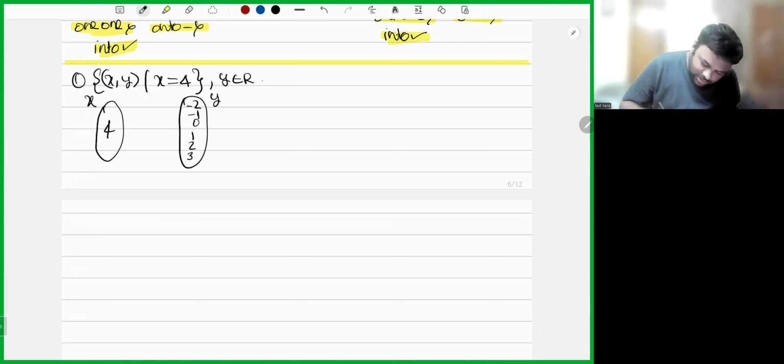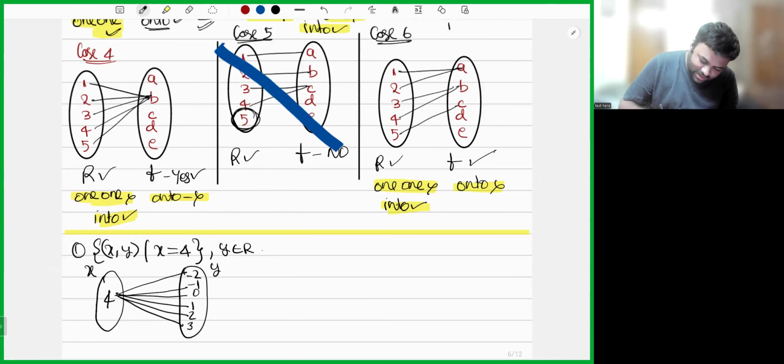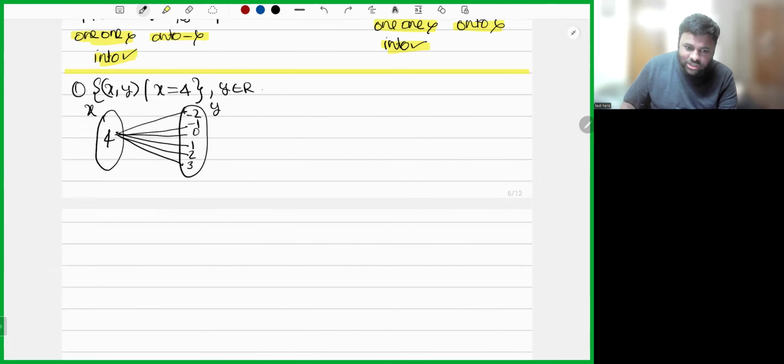He's telling x is equal to 4. Means mapping is happening somewhat like this. X is equal to 4 and y can be any number. Do you think it's a function, my dear friends? See, this is different. Do you think it's a function? Sir, it's not a function, sir.